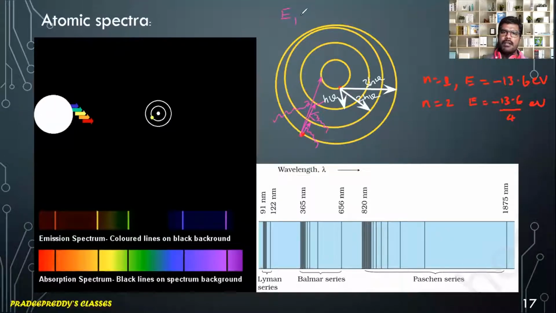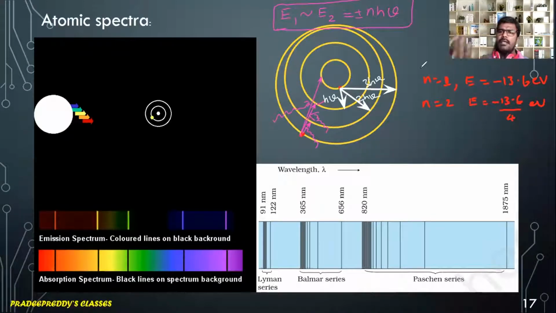E1 minus E2 is equal to n h nu, or it can be plus or minus n h nu. Plus denotes that energy is released, it is emission spectrum.